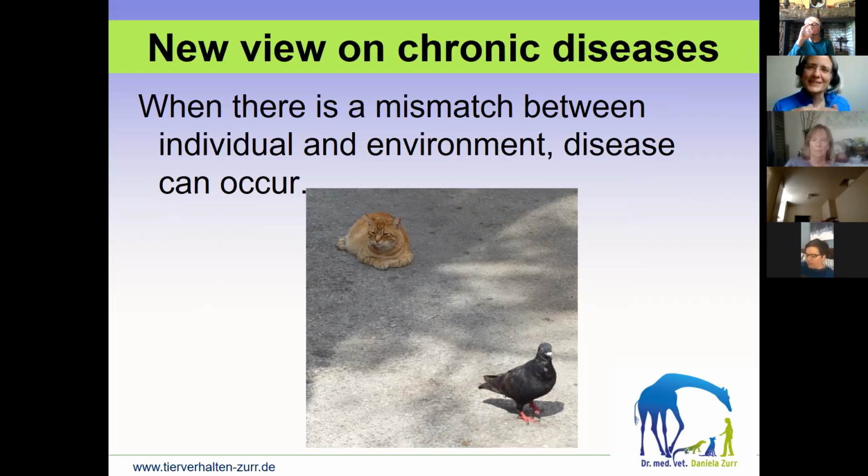On the other side, there are aspects of the environment we cannot change. For example, we cannot move all animals from the city to a farm environment. And then we can help them to become more stable, to stay healthy even in this not perfectly fitting environment. And we will have a look at some ideas in a moment.